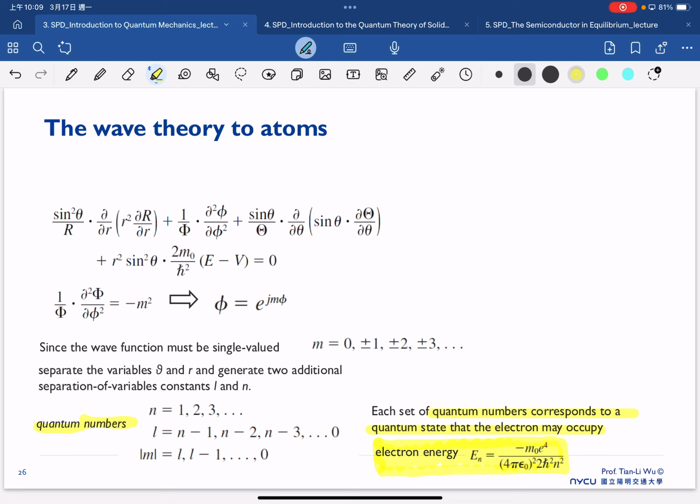That's why we call it quantized, and that's why we call it the quantum number. So that means that your energy here can be calculated as a discrete value.